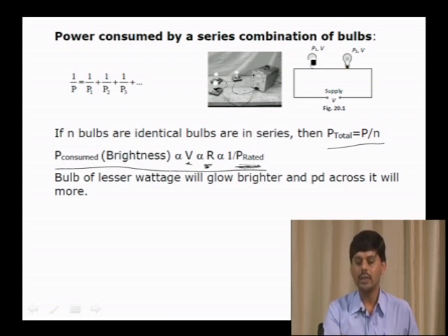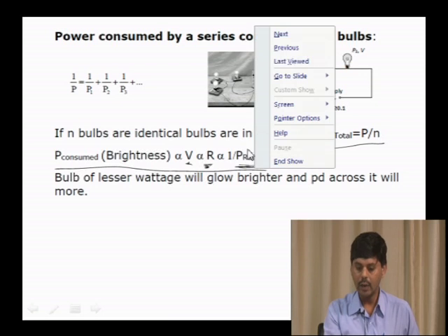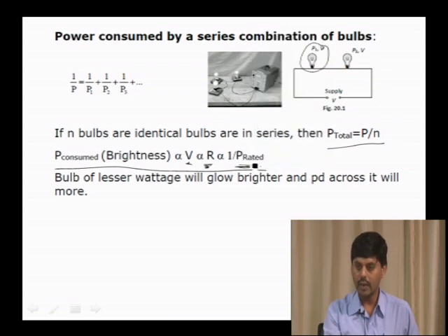Suppose we have 40 and 60 watt bulbs; 40 is the lowest wattage. According to this relation, the lower wattage bulb glows brighter because it is inversely proportional. In words: the bulb with lesser wattage will glow brighter and the potential across it will be more. Here the voltage is also more.